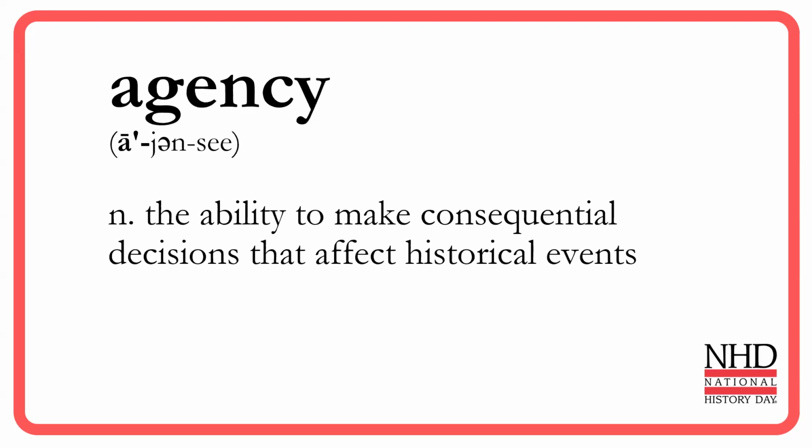When I talk about this with my students, they very quickly say, oh, yeah, I know what you're talking about. You're talking about power. And power is part of agency. But as historians have gotten more thoughtful over the last, say, 75 years, I think we've gotten an even more deep and nuanced idea. So power is part of it, but I don't think the whole definition.